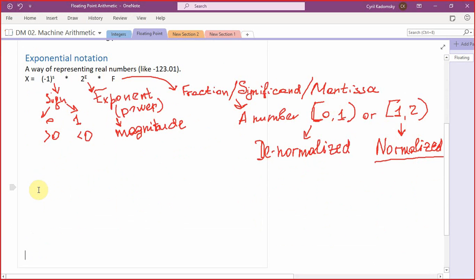Actually, to see why, we must have an example. Let's have an example, some number x, which is minus 1 power 1, and I will use such notation for power just to make it shorter in writing, multiplied by 2 power 3, multiplied by a fraction, which is, let it be, 1.01.